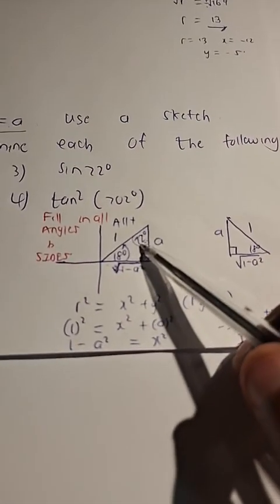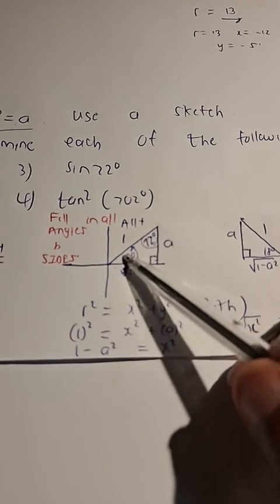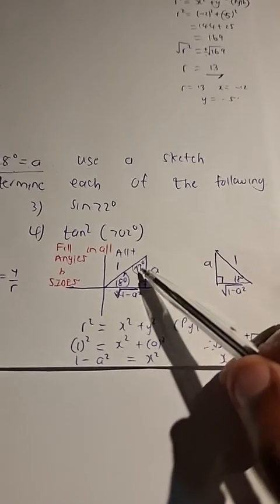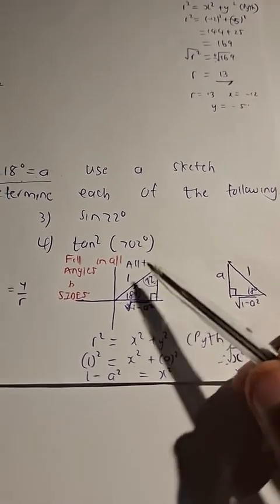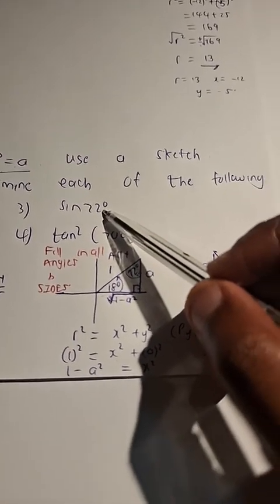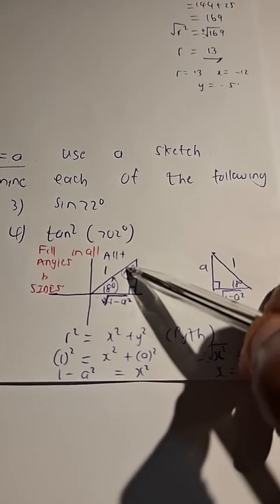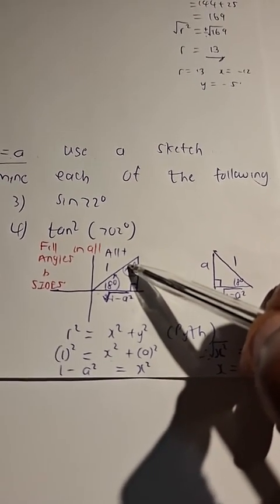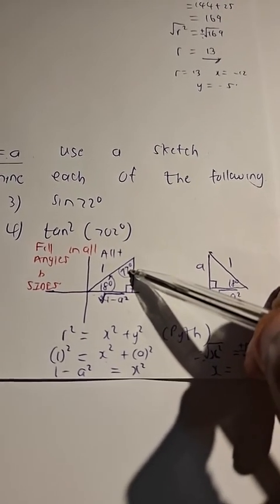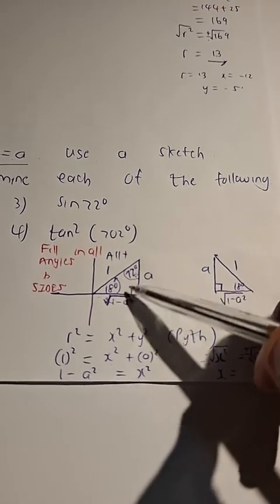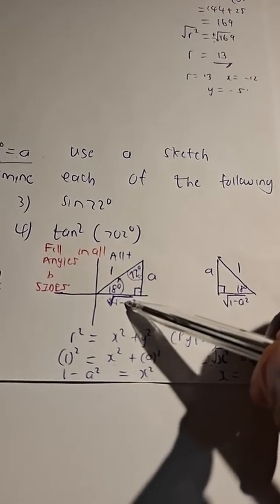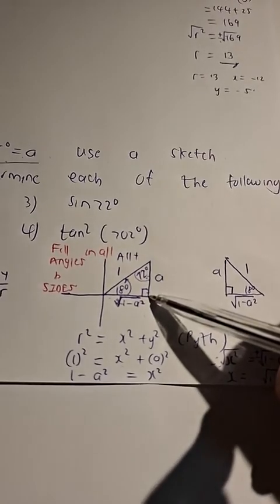Okay, I hope you guys can see what I'm saying. Because we filled in all the angles, even the missing one, 72 degrees, they asked us to evaluate sine 72 degrees. If we look at the 72 degrees, for the definition of sine, what is the opposite side of this angle? The opposite side of this angle is this side, meaning the square root of 1 minus a squared.